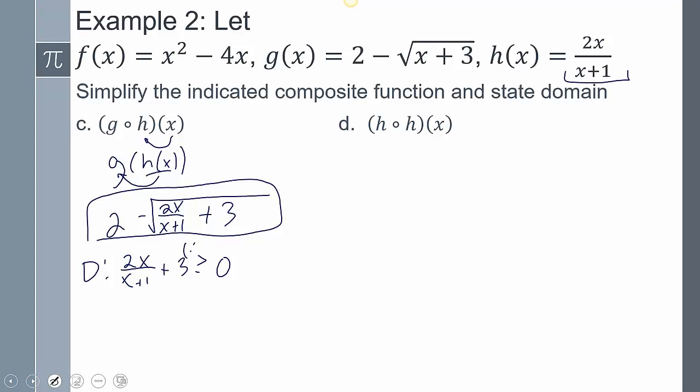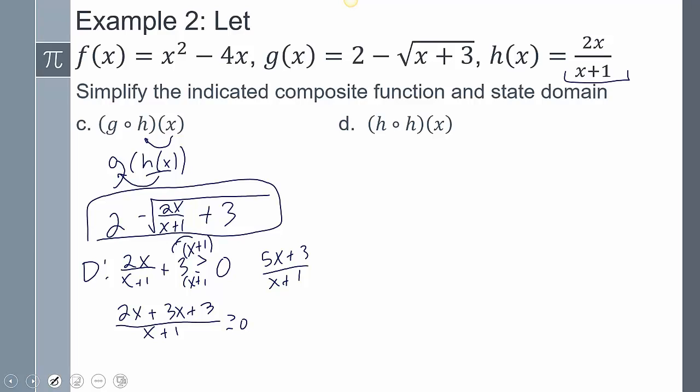So to do that, this needs an x plus 1 over x plus 1. Now that they have the same denominator, I get 2x plus, distributing that 3, 3x plus 3, all over x plus 1. And this is greater than or equal to 0. So that gives me 5x plus 3 all over x plus 1.